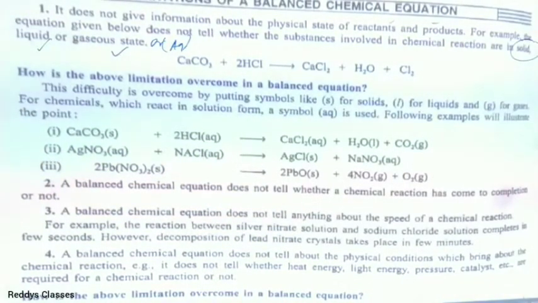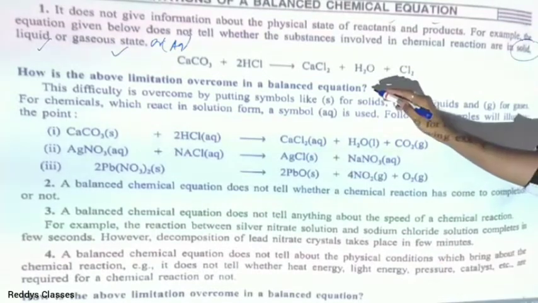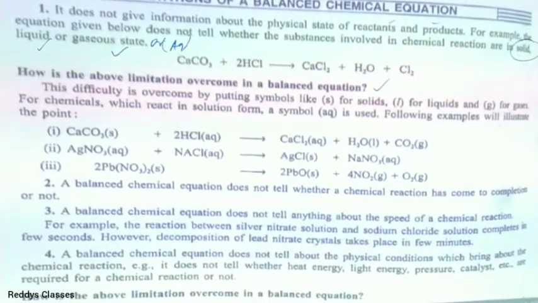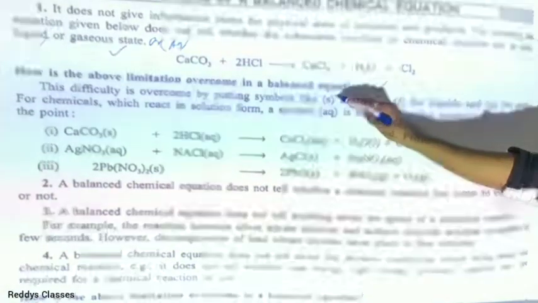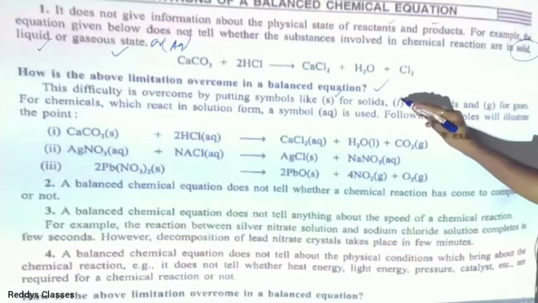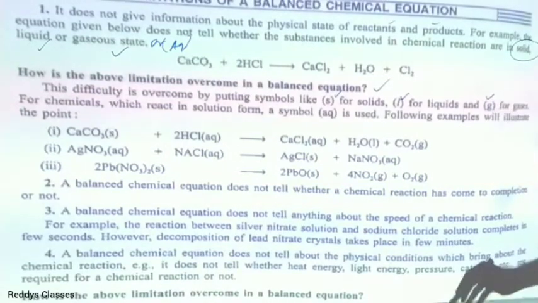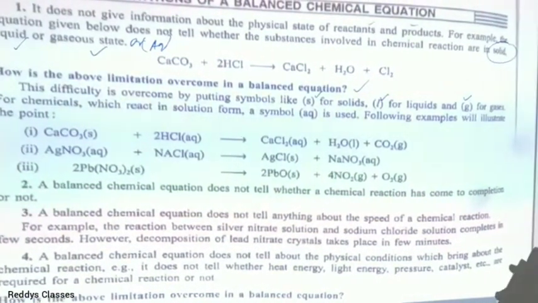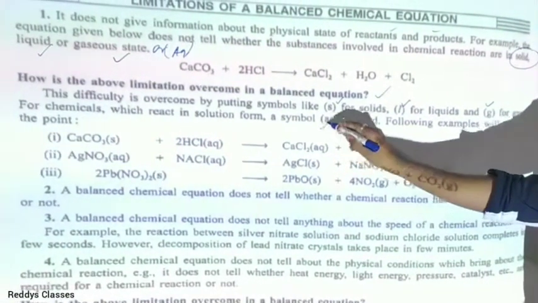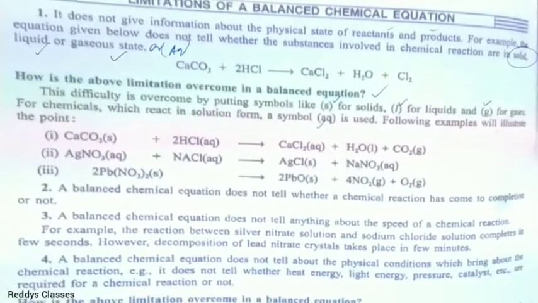So how is the above limitation overcome in a balanced equation? To overcome this difficulty, we put symbols like S for solid, L for liquid, G for gases, and for chemicals which react in solution form, the symbol aq for aqueous is used.